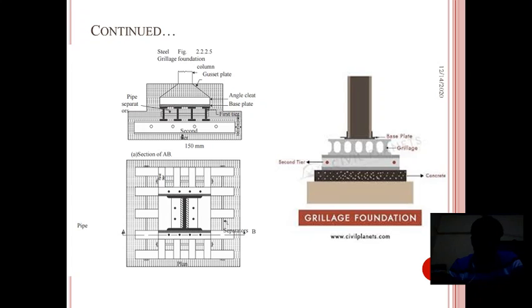So this is a schematic diagram which is showing the grillage foundation. Here you can observe, so this I section or these are defined as beams provided adjacent to each other. So this is a cross section you are seeing, and this is the plan.